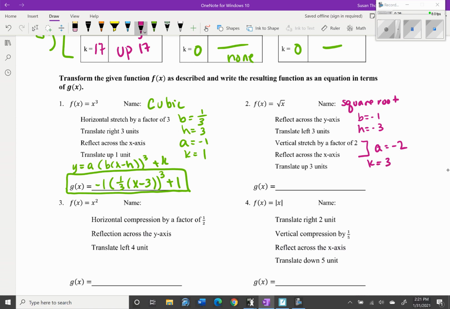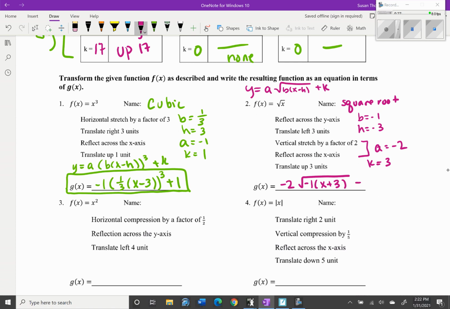So for this equation, we have y equals a times the square root of b times x minus h plus k. So that means we get g of x is equal to -2 times the square root of -1 times x minus -3. That becomes +3.